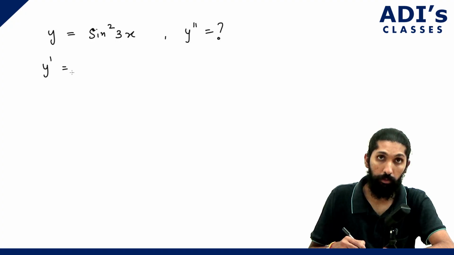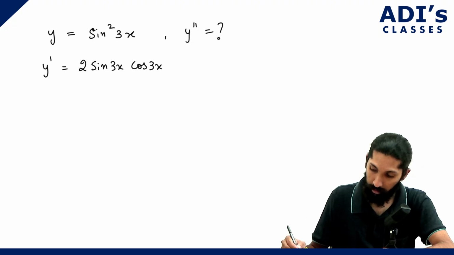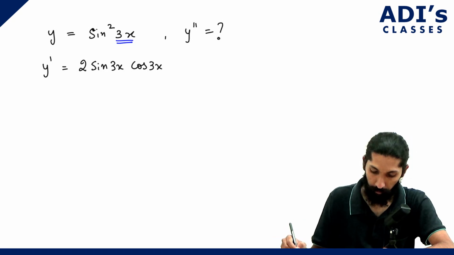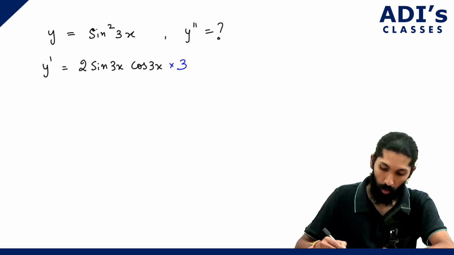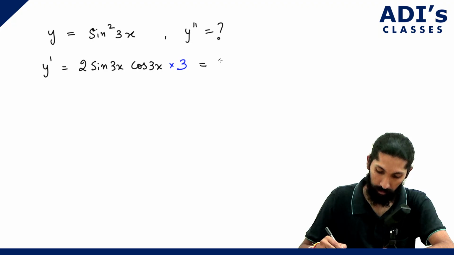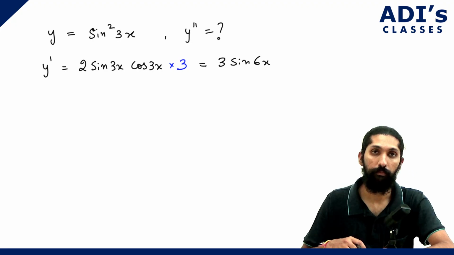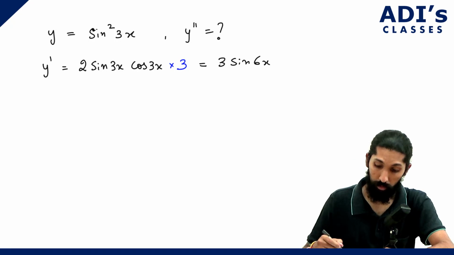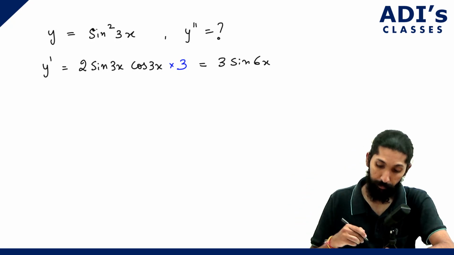Here use chain rule: 2 sine 3x into cos 3x. Then we go for the inside function 3x, which gives 3. Or you can call this 3 sine 6x, because 2 sine a cos a is sine 2a. So, sine of 2 into 3x is sine 6x. Y dash becomes 3 sine 6x.